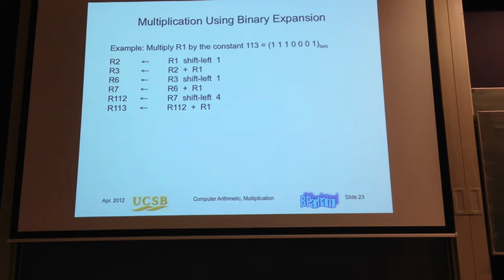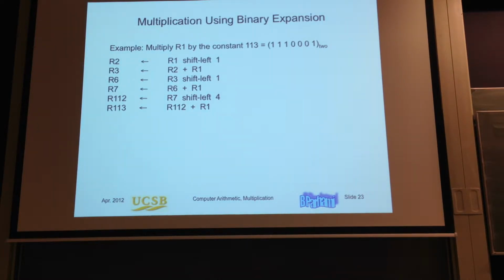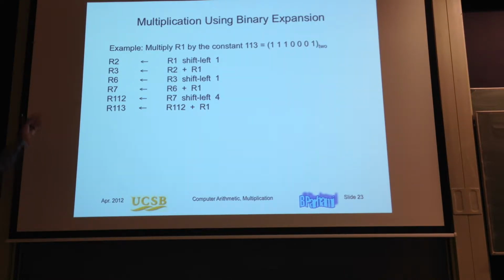Then instead of doing a multiplication, which thus far we saw takes n cycles, because I have n iterations, and I have a 32-bit architecture, this will take me 8 cycles. Each instruction in here will take 1 cycle. It's a shift, an add, a shift, an add.